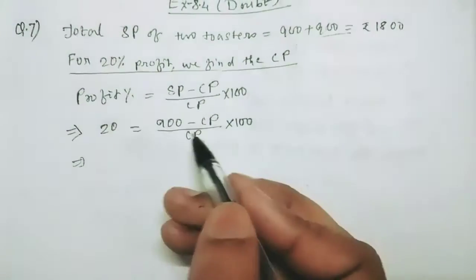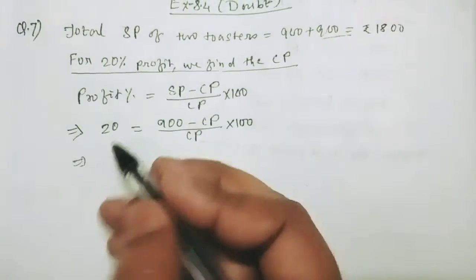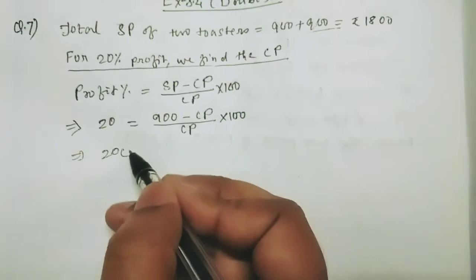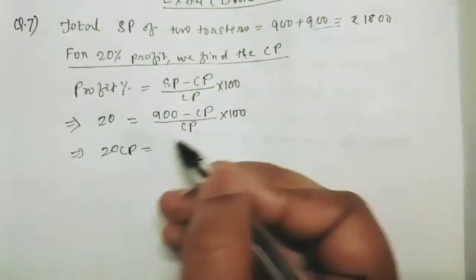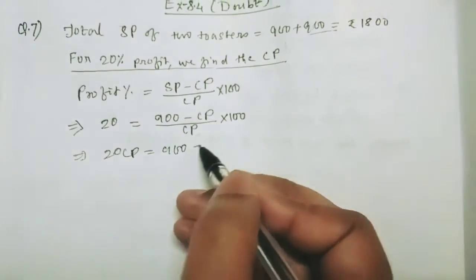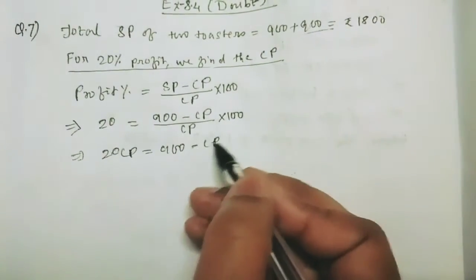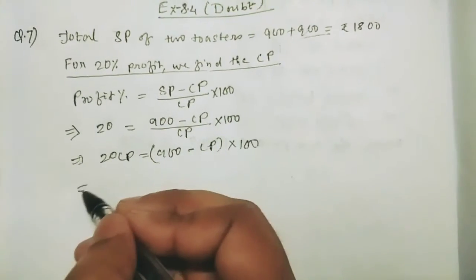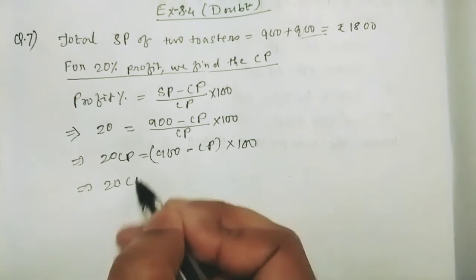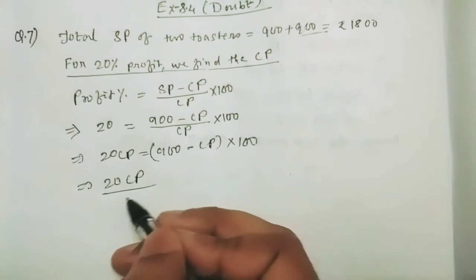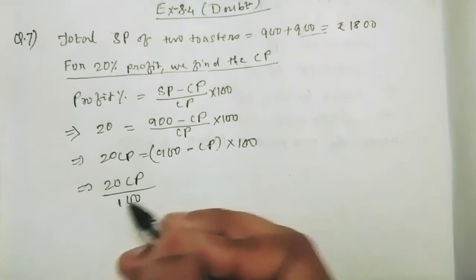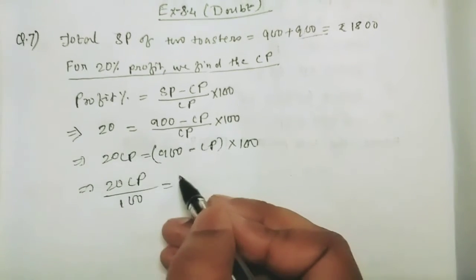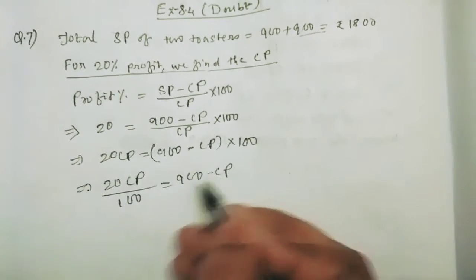Now we'll do the calculation. So 20 into CP, then 900 minus CP, this into 100. Now this 100 will go in the denominator, then 900 minus CP.